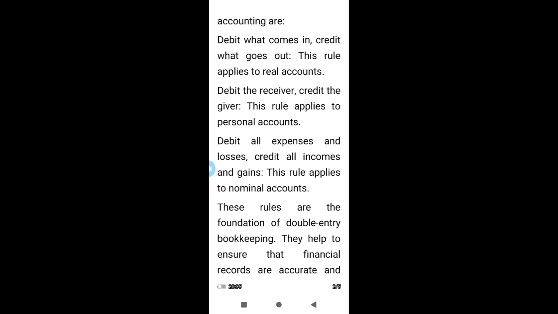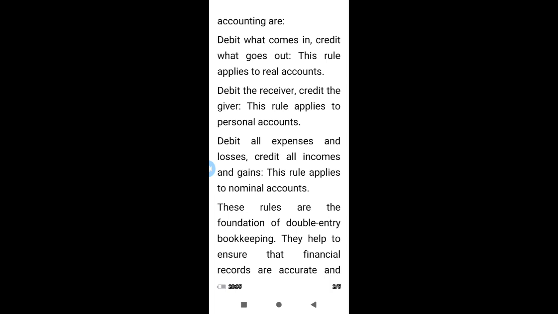That is applicable to the real account, that is the account of assets and liability. If there is any asset or liability account in a transaction, know that it will be recorded following golden principle number 1, which states that you debit what comes in and credit what goes out.